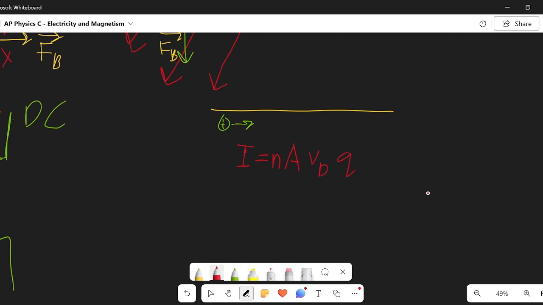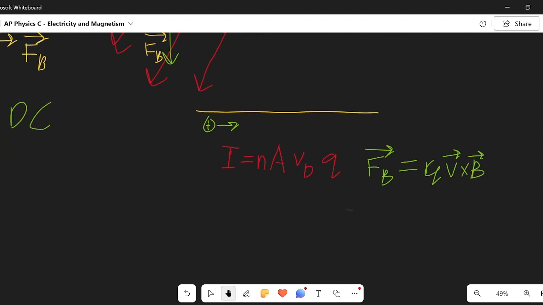But now we're going to consider that we have a magnetic force on a moving charge. Remember that the magnetic force FB is equal to the charge times the velocity vector crossed with the magnetic field vector.